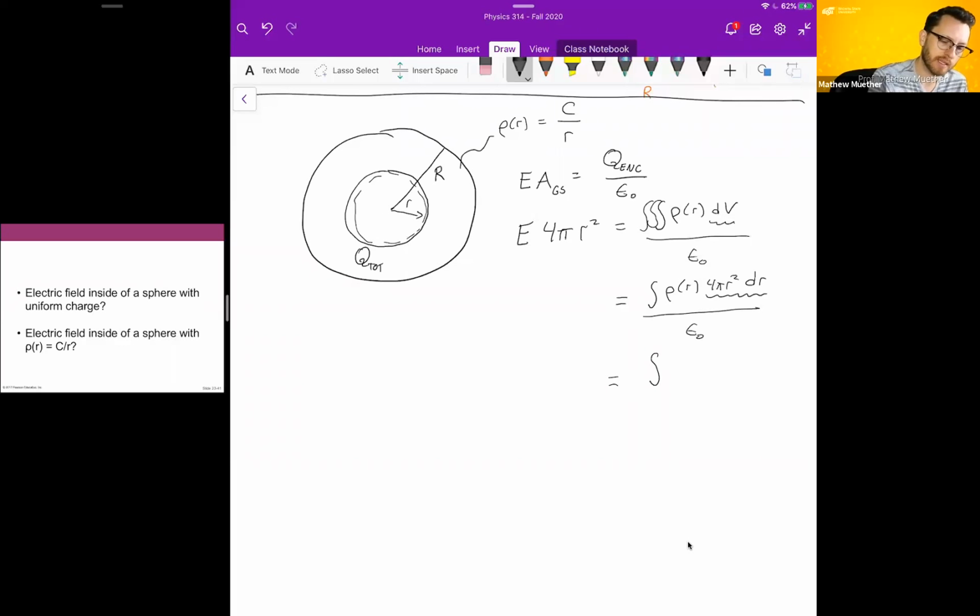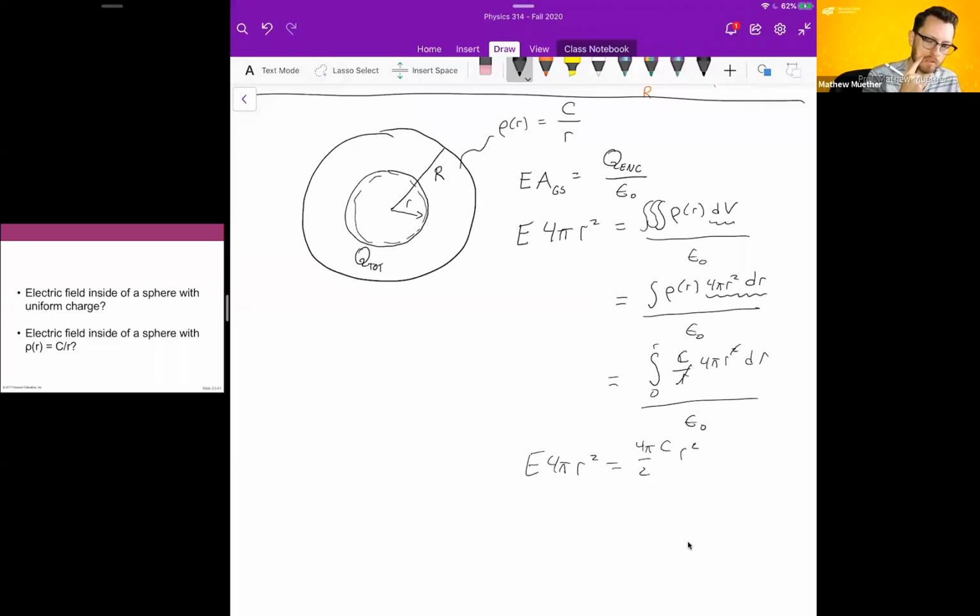So that's going to look like the integral from 0 to r of C over r times 4 pi r squared dr over epsilon naught. I get that r canceling one of those. And what do I get? I get something that's going to look like 1/2 times 4 pi, with a C pulled out, r squared, has got to be equal to E times 4 pi r squared.